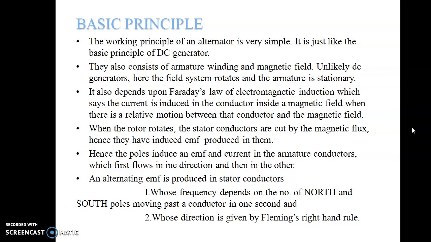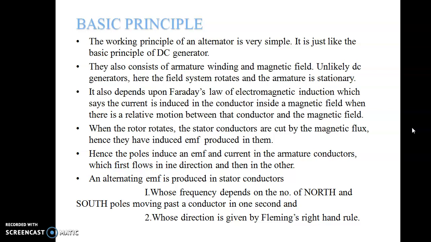Now, it also depends upon Faraday's law of electromagnetic induction, which says that current is induced in a conductor inside a magnetic field when there is a relative motion between the conductor and the magnetic field.